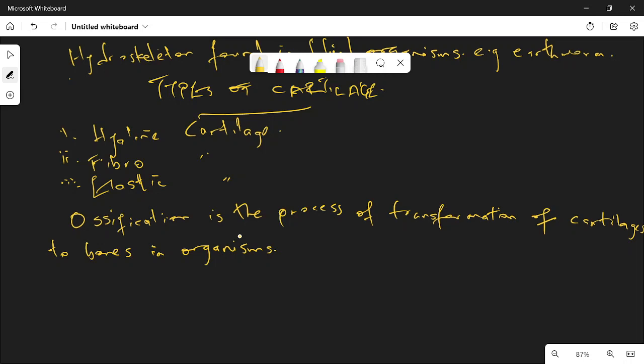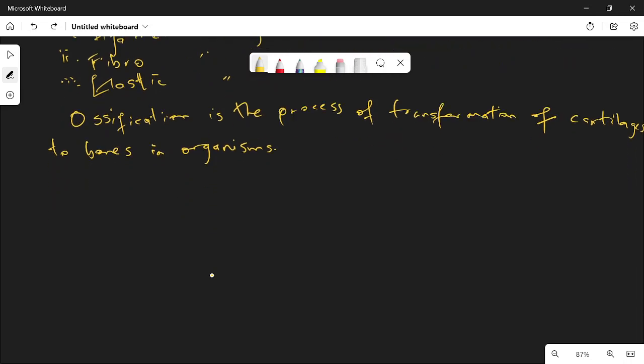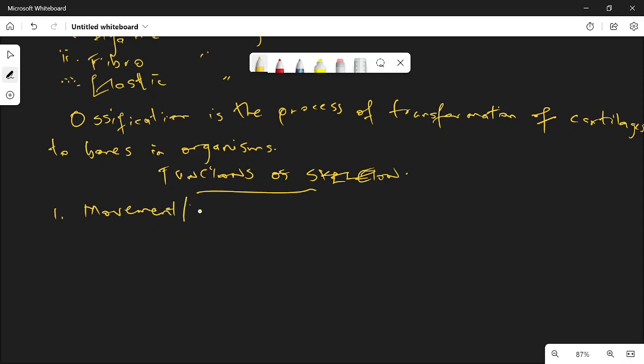We talked about the functions of the skeleton as a whole. Functions of skeleton, we said 1, it is for movement or locomotion. 2, we talked about support.